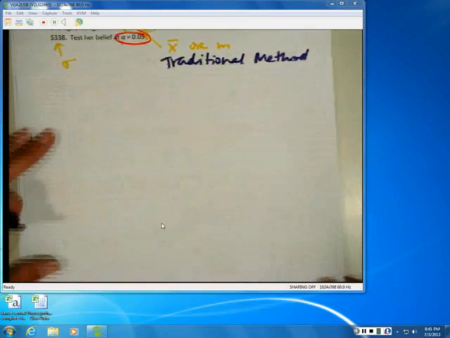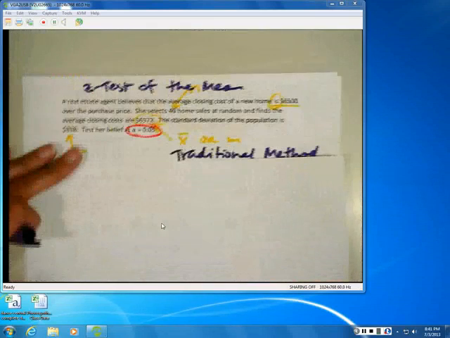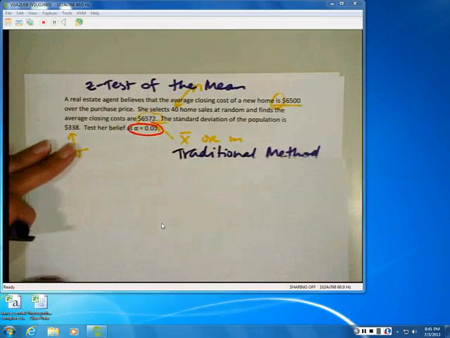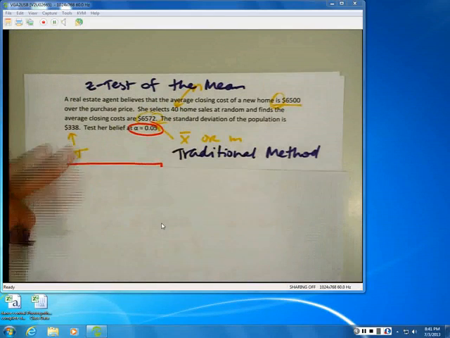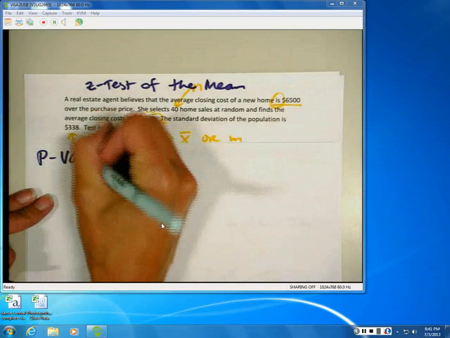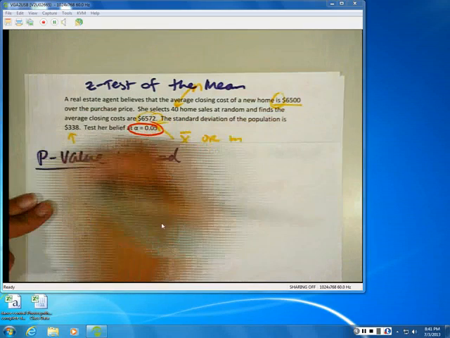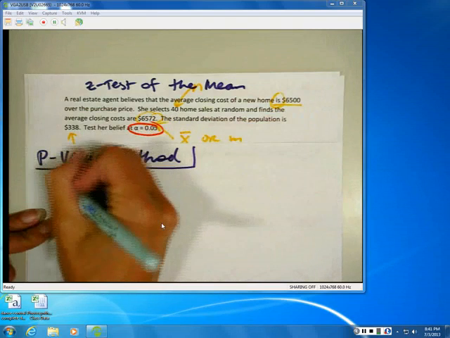So now let's take a look, not using the traditional method, but at this question using the p-value method. This is still a z-test of the mean. Let me first start by saying what the p-value is.